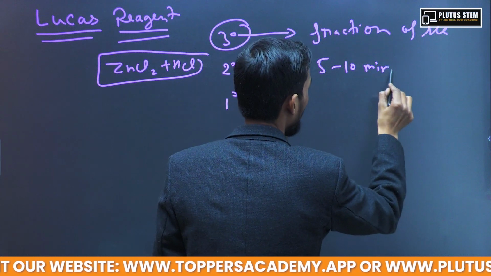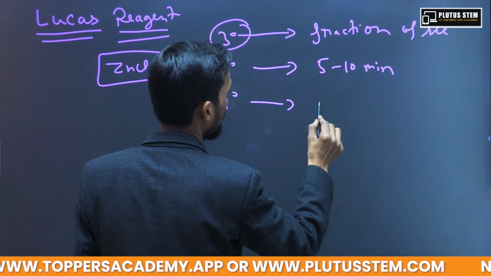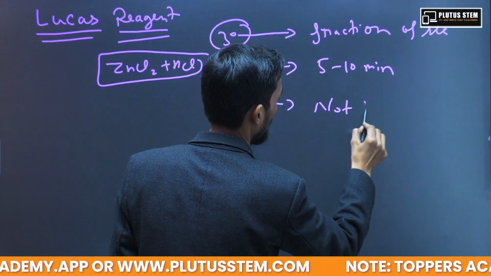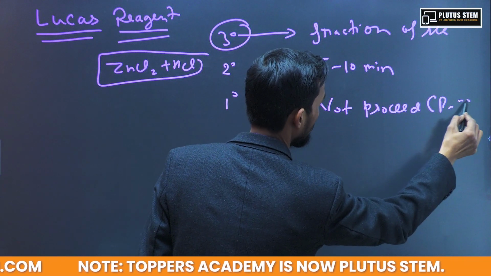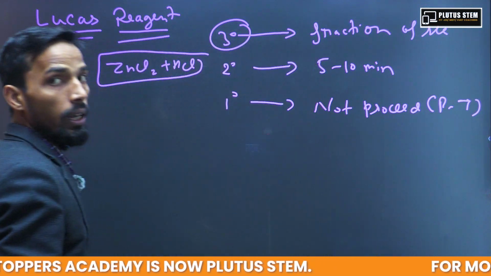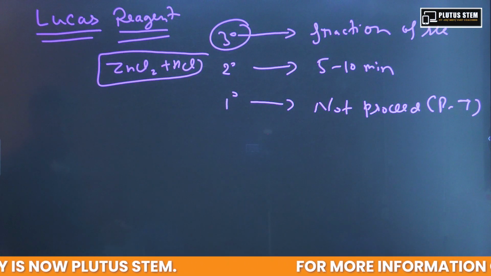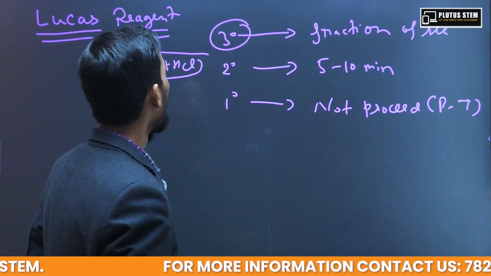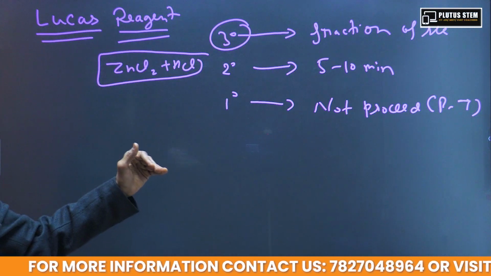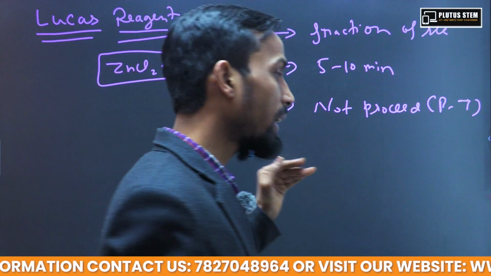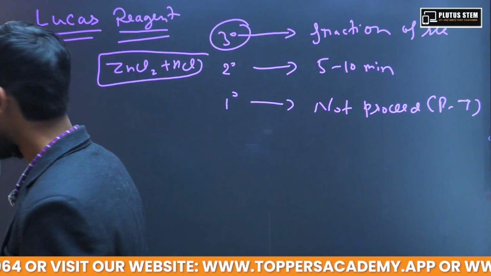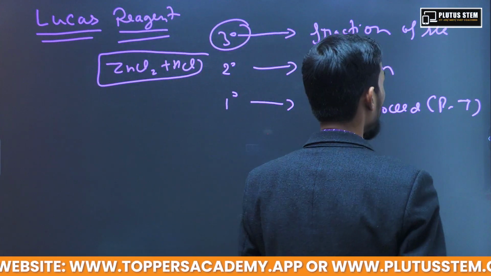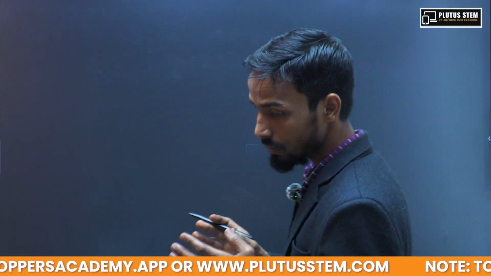And 1 degree will not react at room temperature. So this is how we can test the different 3 degree, 2 degree and 1 degree alcohols by this simple reagent, the Lucas reagent.